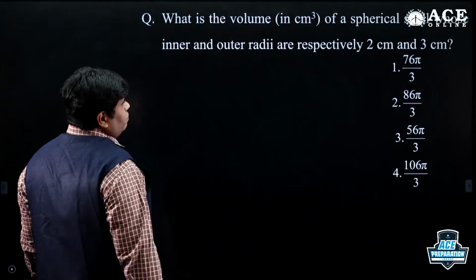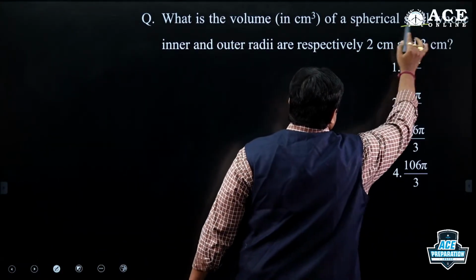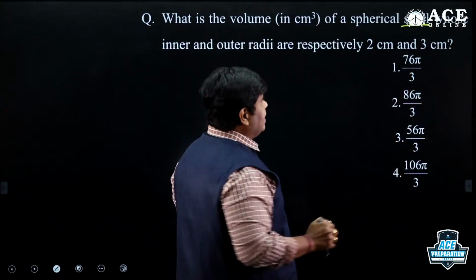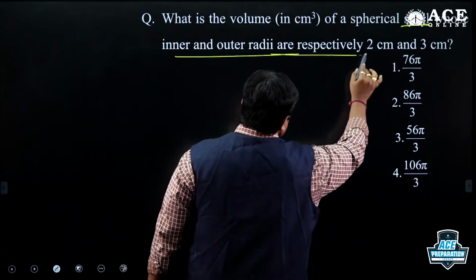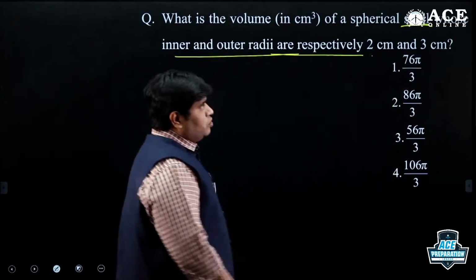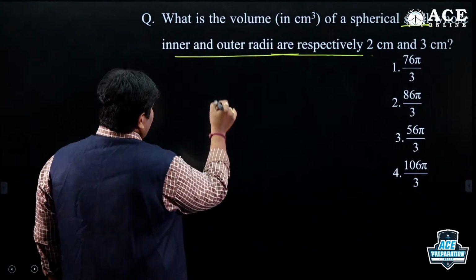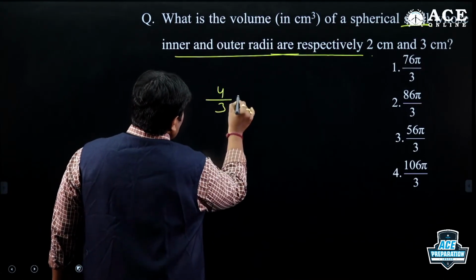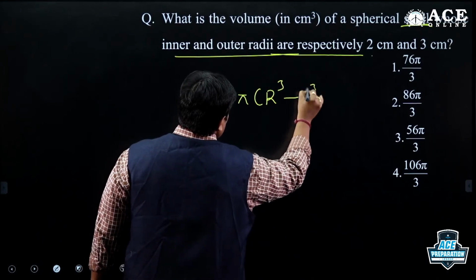What is the volume of the spherical shell, that cup, whose inner and outer radii are 2 and 3 respectively? They are asking for the volume. So for a sphere, 4/3 pi (R cube minus r cube).